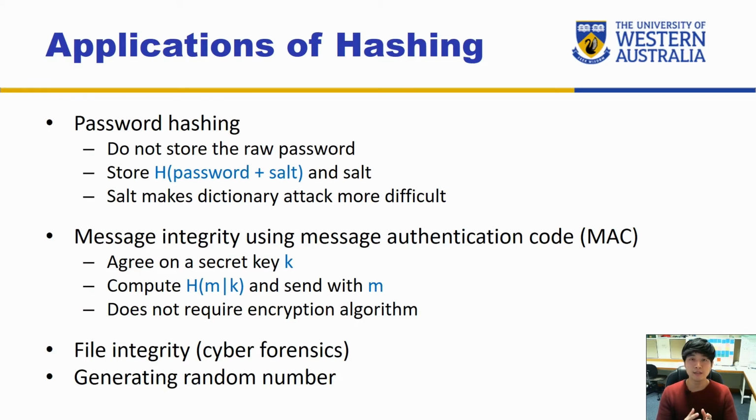So instead, what you have to do is add what we call a salt. We have a password, and then we add a salt, so it becomes a hash of password plus salt. This way, it resists a lot of dictionary attacks that try to guess what the original text may have been.